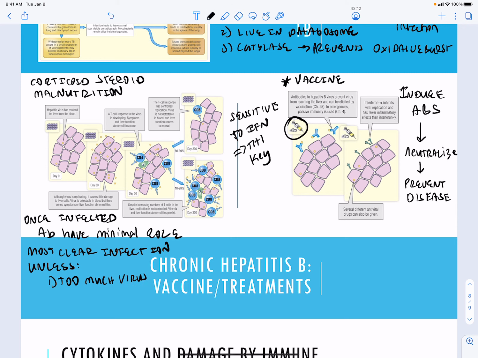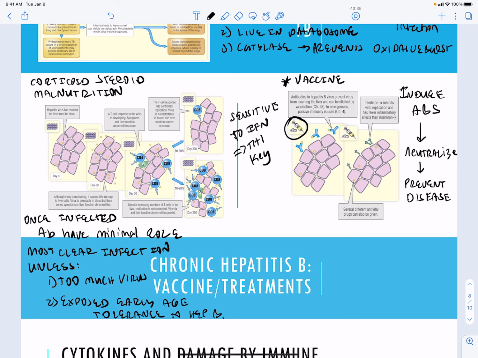Or you're exposed at an early age. This has been linked to tolerance to Hep B. And so you have the wrong immune response. You're going to have a Th2 instead of a Th1 response.